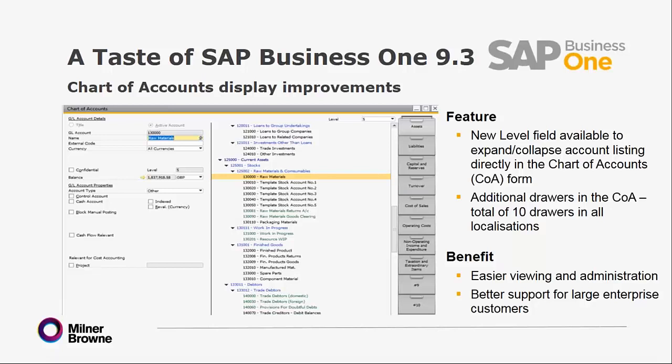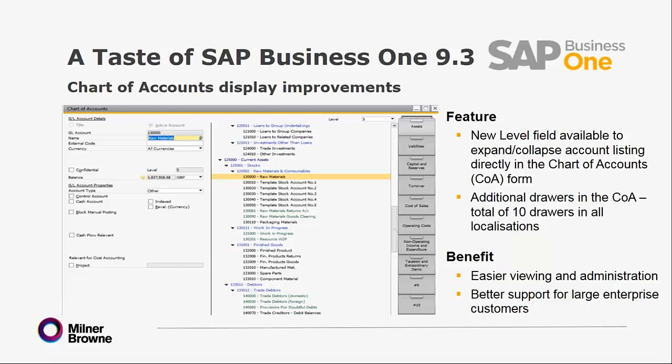A couple of other features which are also included around the financials area that I haven't put screenshots in for today are the ability when creating a journal entry to make the journal remarks mandatory at either header, row or both levels.